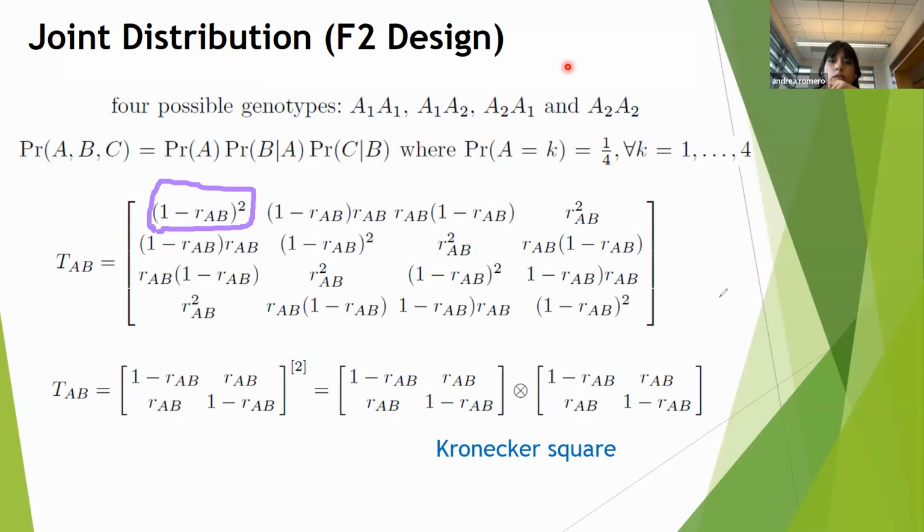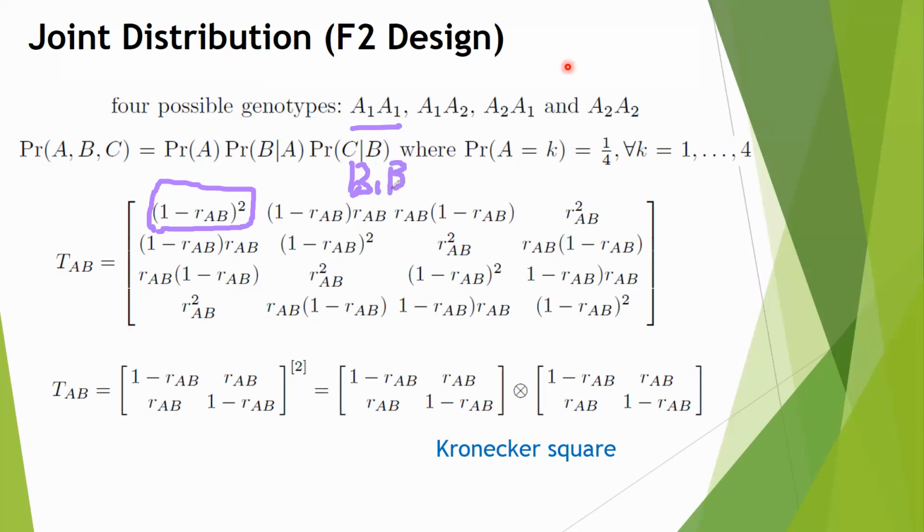2 parental type. Yes, very good. There's no crossover, right? From here to here. Yes, very good. So this is state 1 to state 1, right?